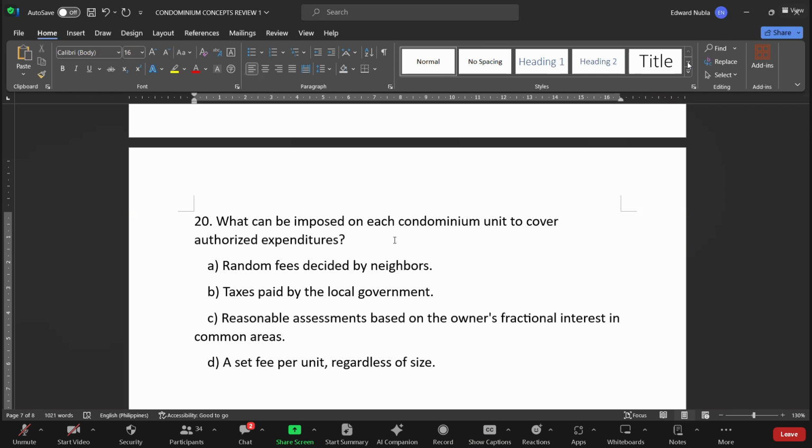B, taxes paid by the local government. C, reasonable assessments based on the owner's fractional interest in common areas. Or D, a set fee per unit, regardless of size.